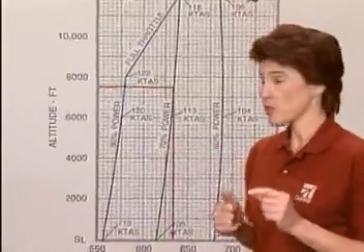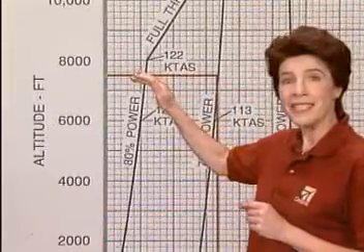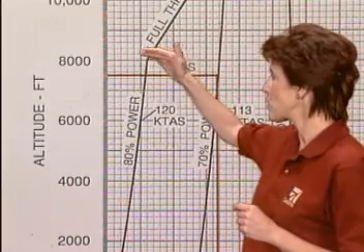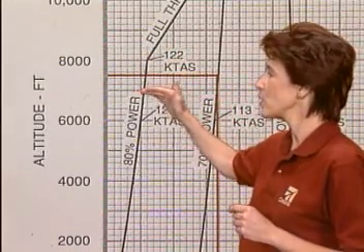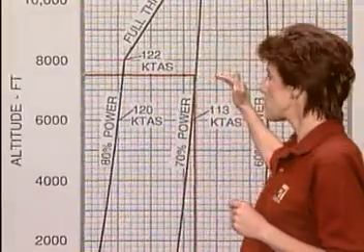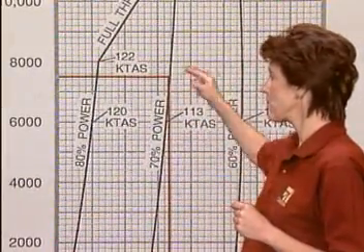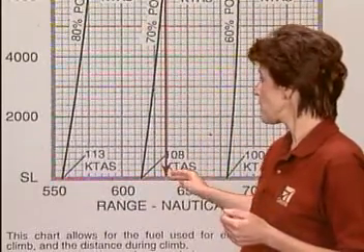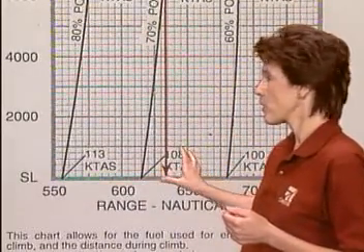Enter the chart, the first one, 5-9, at 7,500 feet, halfway between 8,000 and the unlabeled 7,000 foot line. Now move horizontally across to the 70% power line. Then you drop straight down and read 635 miles, right around here.